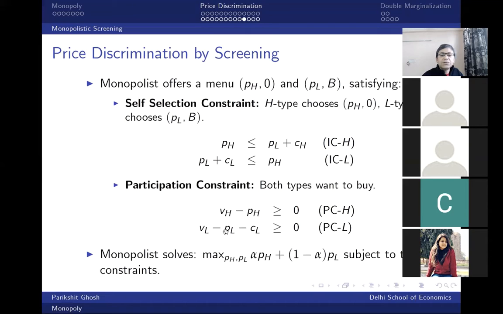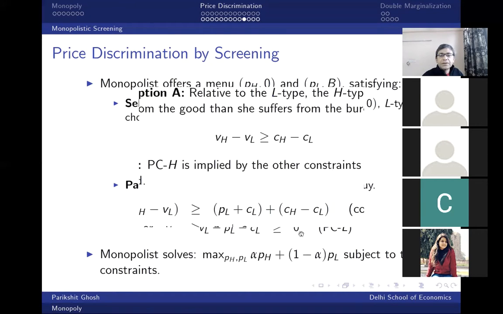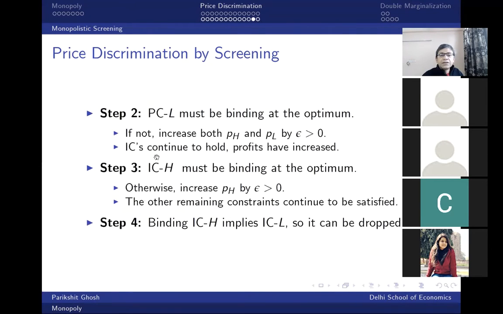Well, this one, there is room for increasing PL a little bit because it's a strict inequality to begin with. So at least you can increase the prices by that amount. So step 2 tells us PCL is binding, it holds with an equality.